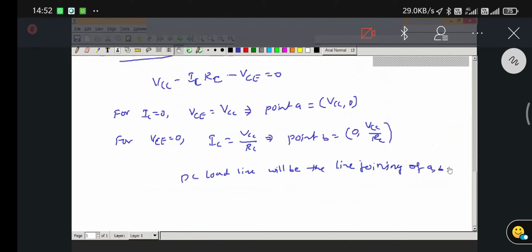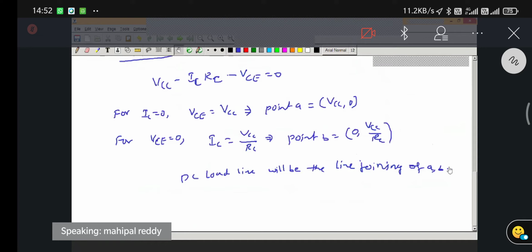So after that, here we can write VCEQ will be what? VCC by 2.